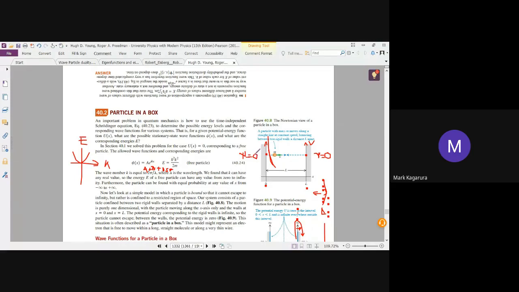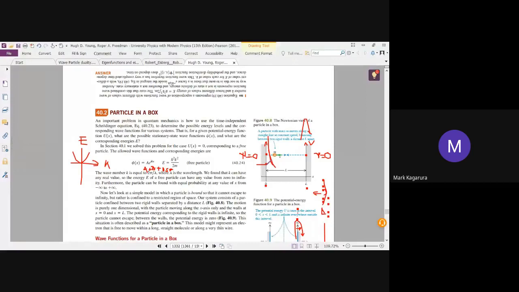So in those two regions, epsilon is equal to 0 because we are saying these are infinite potentials. There's no way this electron is able to jump over these potentials. There's not enough pole vaulting. They don't have enough energy to jump over this, so the wave function outside is 0. And the other bit is that this function has to be continuous.